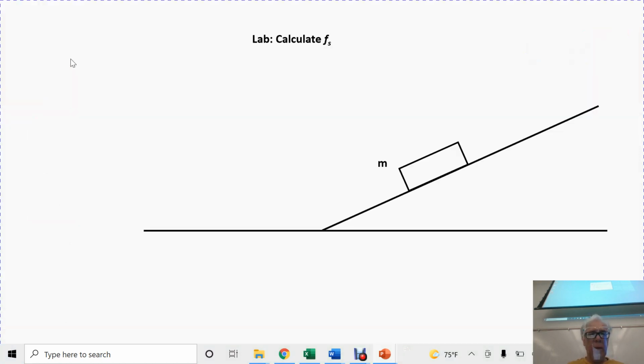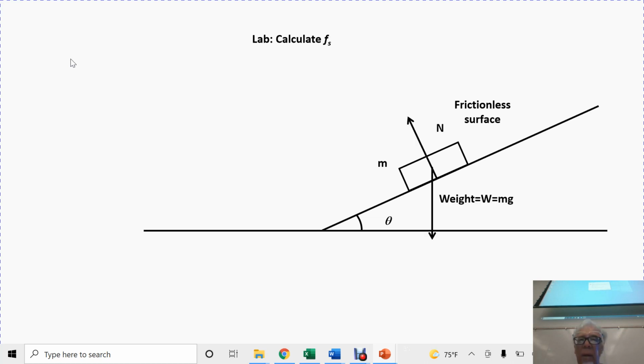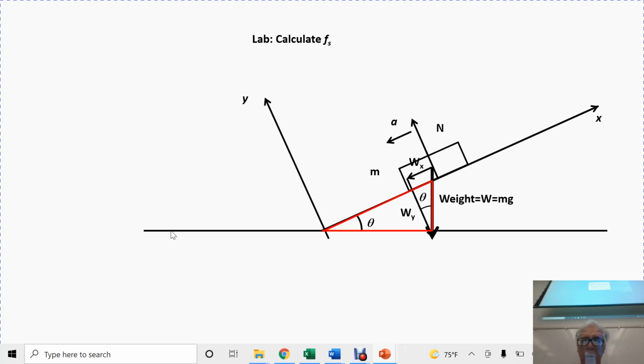So we have this object on an inclined plane. We know the angle, we know the mass of the object. Hey, wait a minute. If it's a frictionless surface, then you cannot calculate the force of static friction. Okay, so let me just correct that.